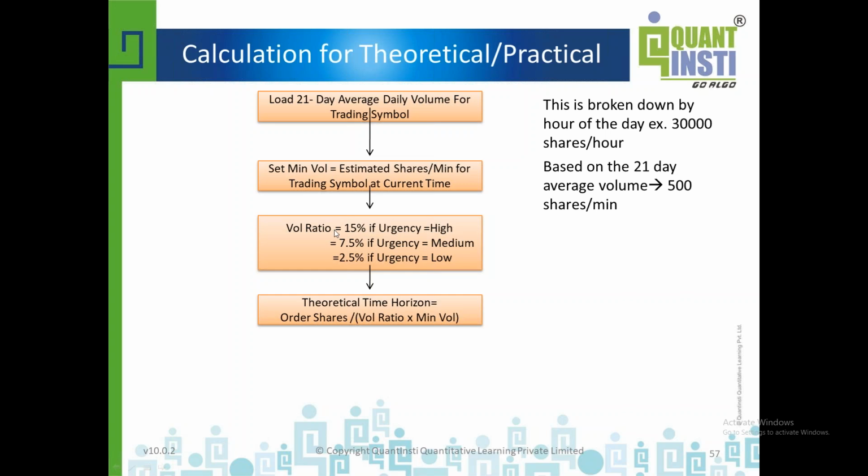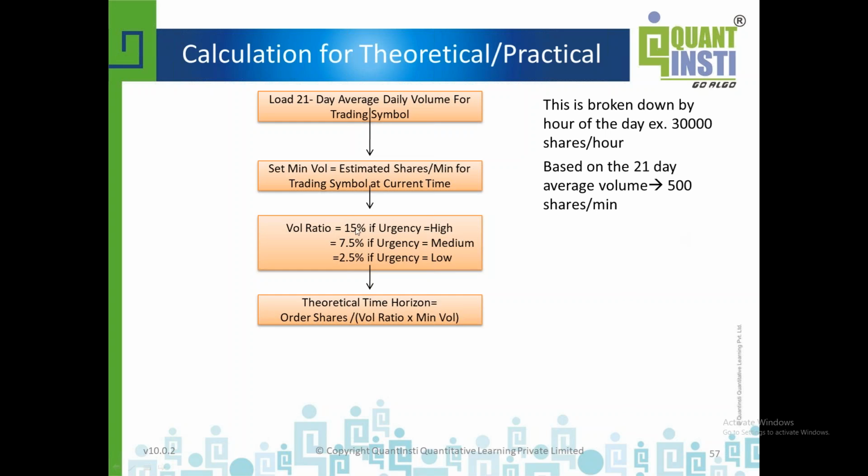The intuition is that you will have to trade this many orders per minute to get it totally executed. So if the volume is 500 and you trade 15% of this 500, then in how many minutes will you get the whole order executed, right?